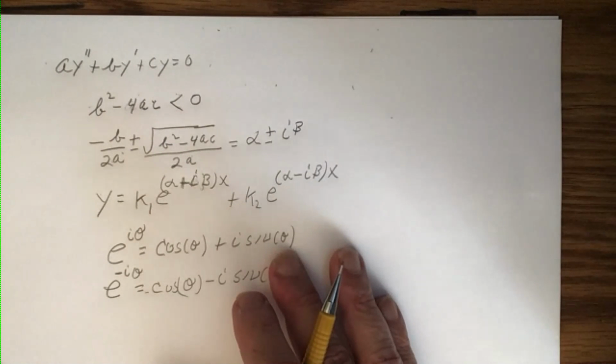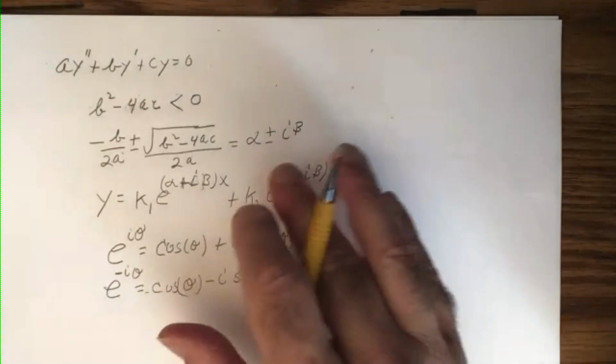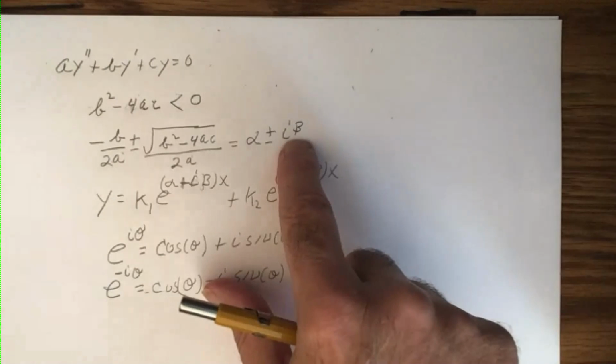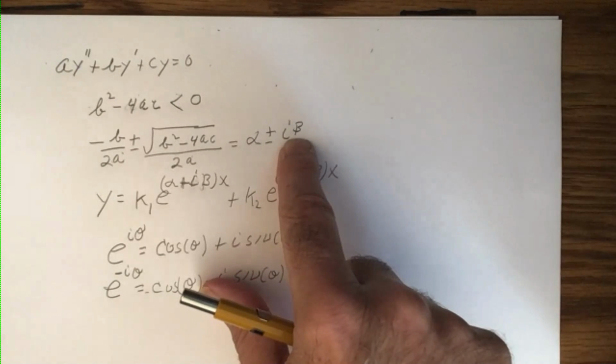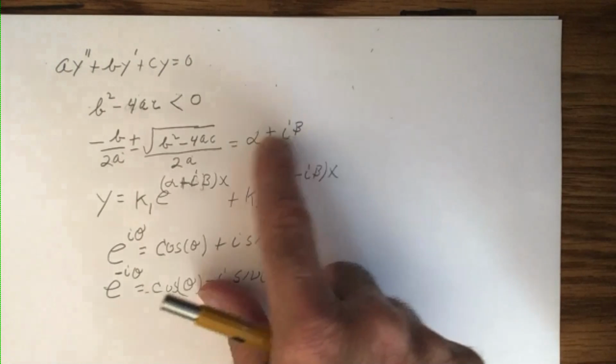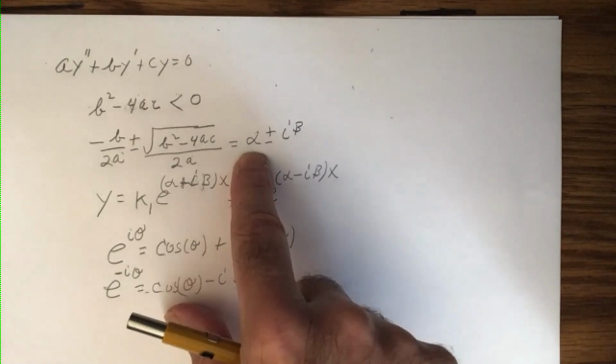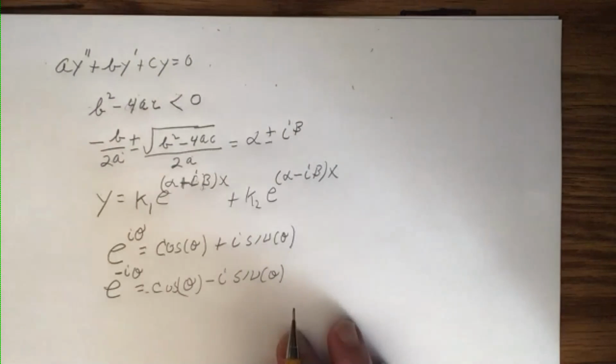But the important thing is really just to understand that whatever beta turns out to be, that's what you're going to put in the sine and cosine argument. And whatever alpha turns out to be, that's what you're going to put in the exponential argument.